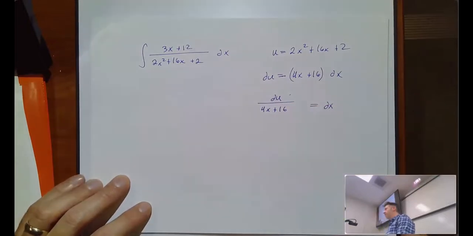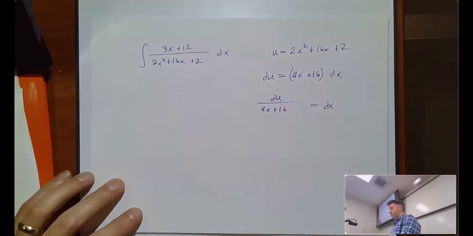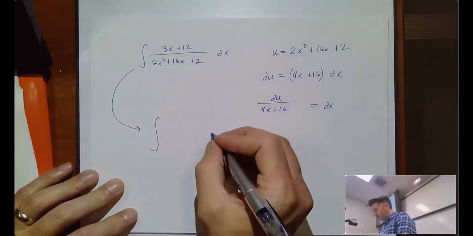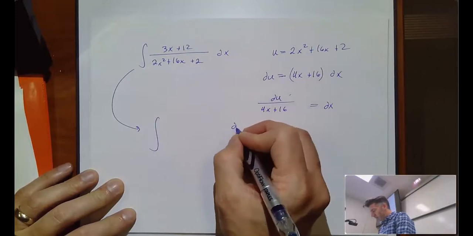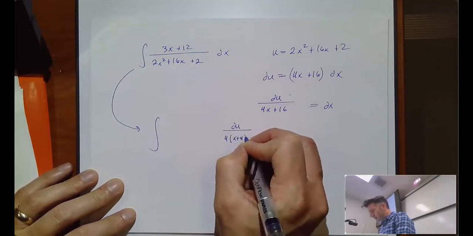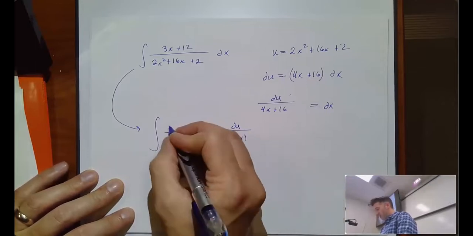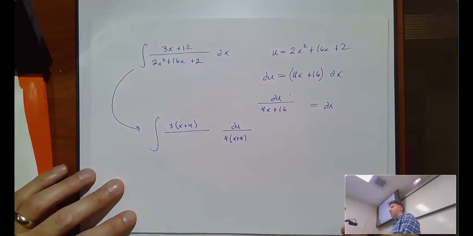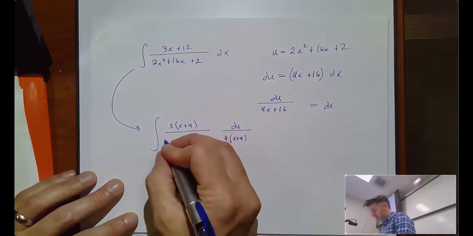But it's going to be really helpful to actually factor out constants. So I'm going to rewrite this as the integral of, instead of dx, du over 4 times x plus 4. And in the numerator, I'm going to write 3 times x plus 4 to make it more obvious that things are going to cancel.